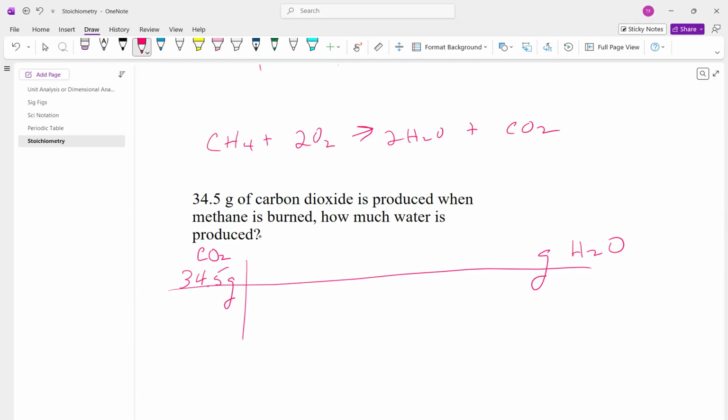Okay, so blank coefficients means it's 1. So step number 1 is convert the grams to moles using the molar mass of carbon dioxide. So carbon, 1 carbon, 12.01. Oxygen, 2 of them, that's 32.